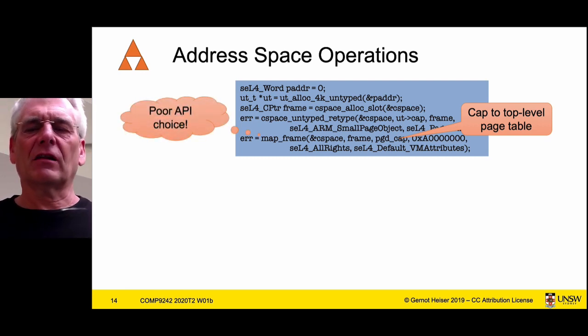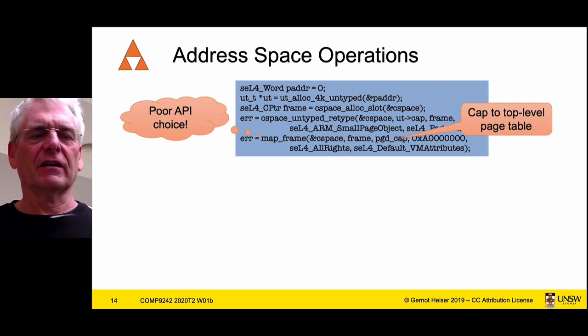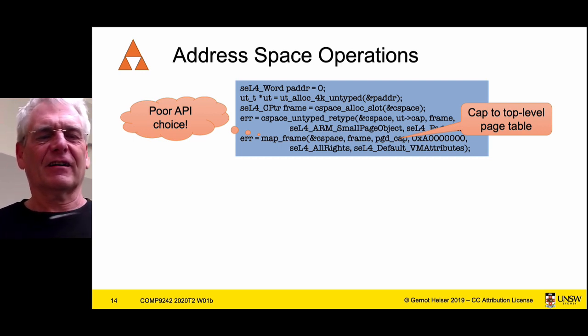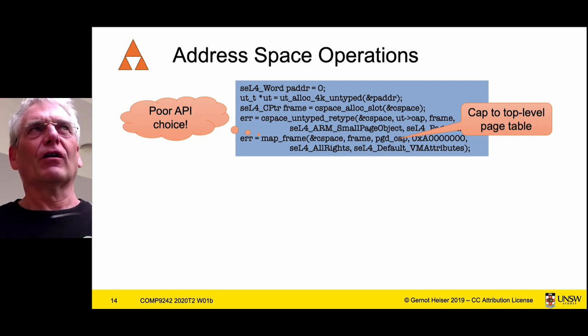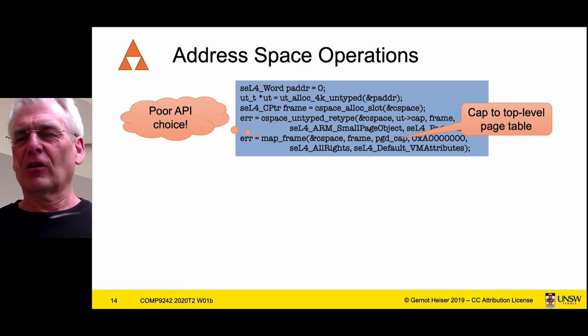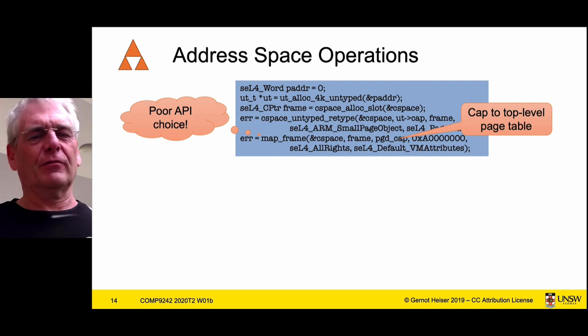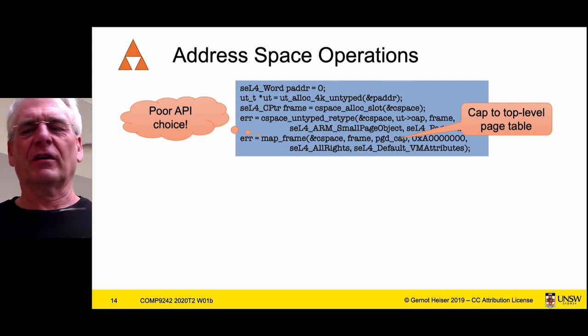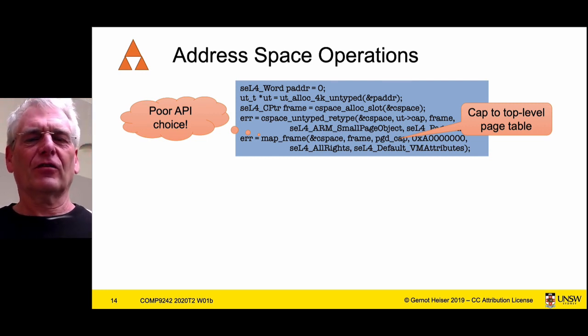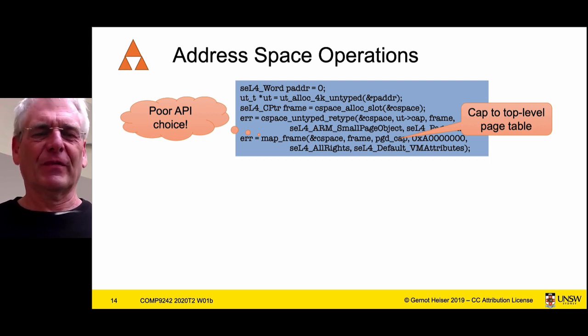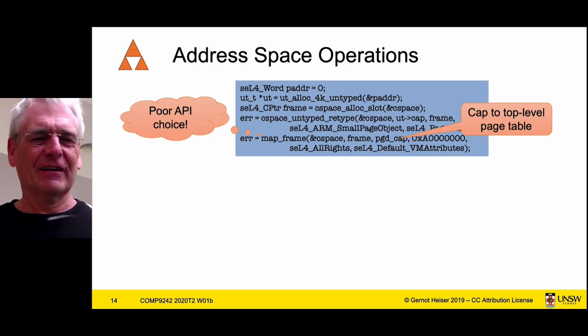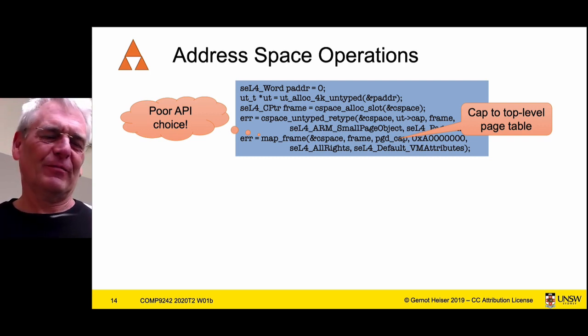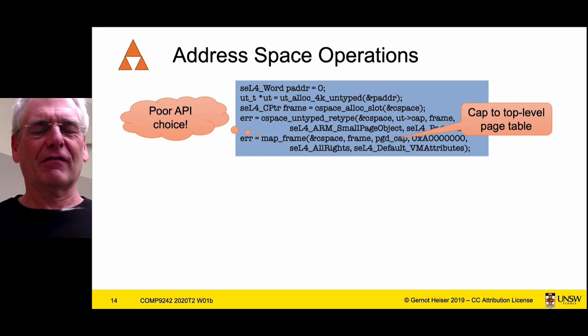Interestingly, there's a really bad choice of API here, because mapping a frame into an address space is an operation performed on the frame, taking the address space as a parameter. It should really be the opposite way. It's going to be very hard to get rid of this. I don't know what the person who did this was thinking at the time. Anyway, it's not a major issue. It's just an unnice thing, which I prefer we wouldn't have, but we do.